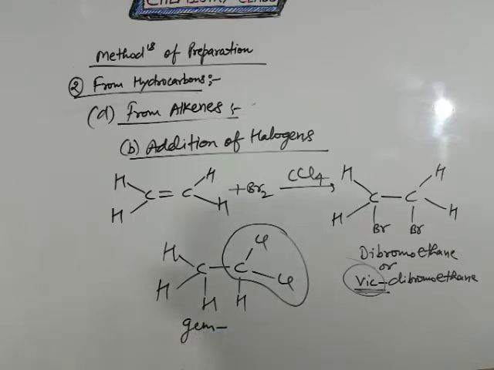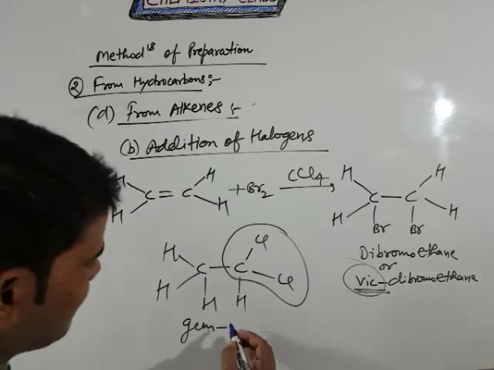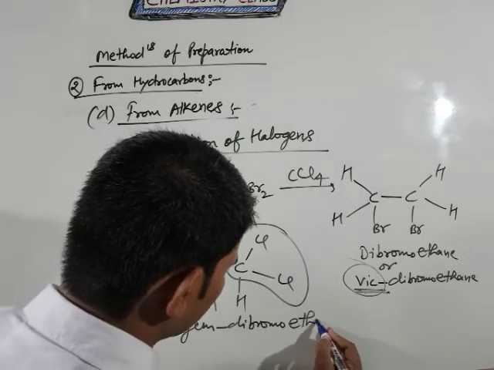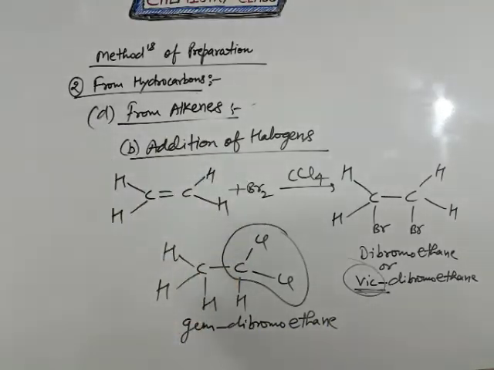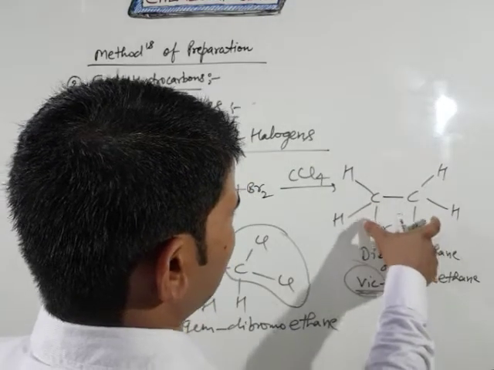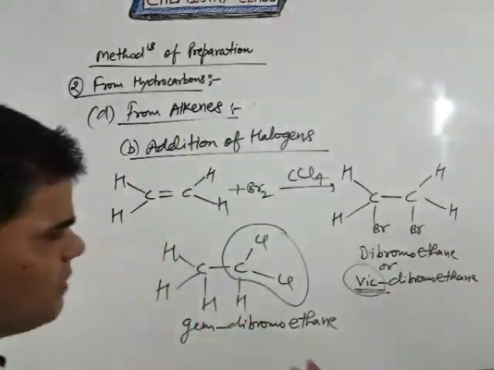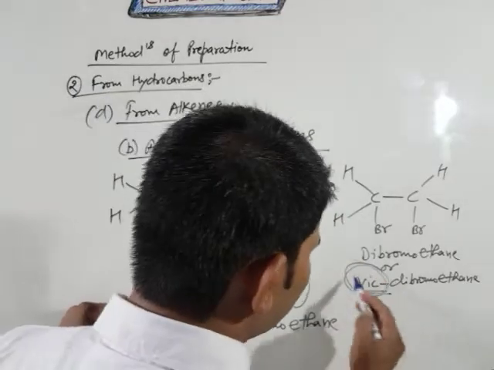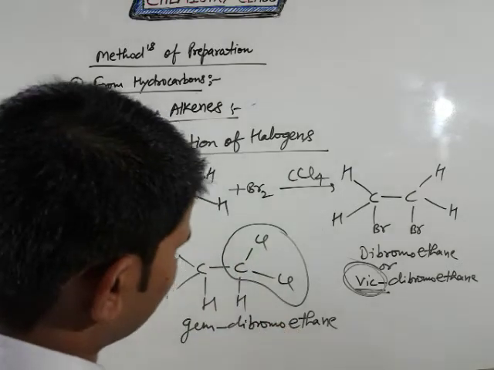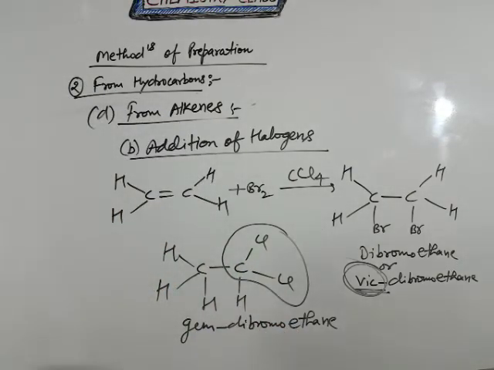So geminal means gem-dibromoethane. If two separate carbon atoms have two halogen atoms, this is known as vicinal dibromoethane. If a single carbon atom has the two halogens, the common name is geminal dibromoethane.